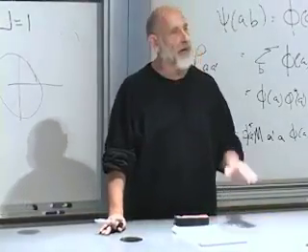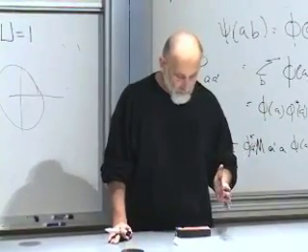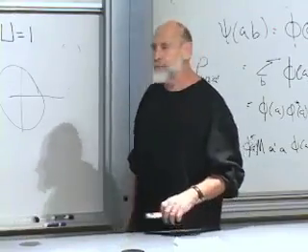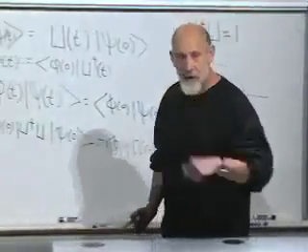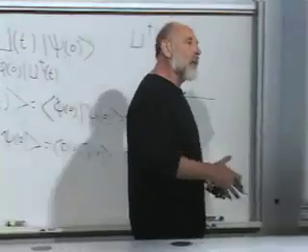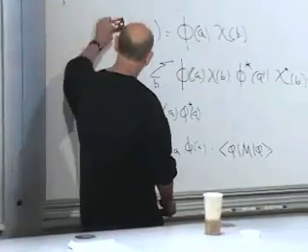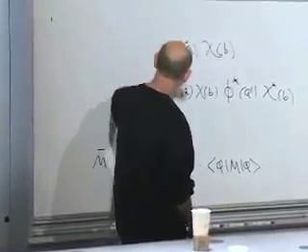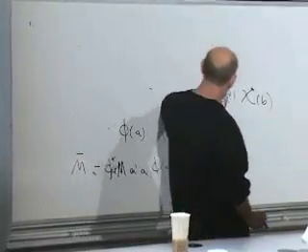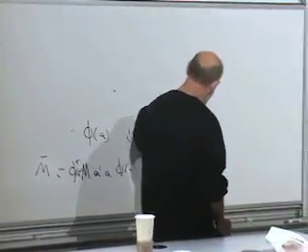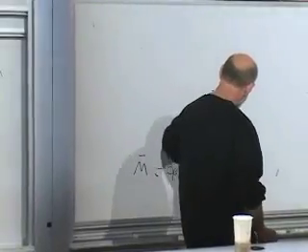Let's imagine a very small time interval, of magnitude epsilon, where epsilon is a very small number, so small that we can ignore the square of epsilon. In other words, in our equations, we're going to retain things just to first order in epsilon.